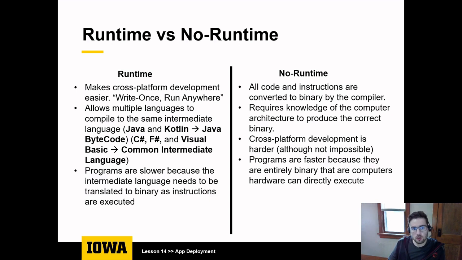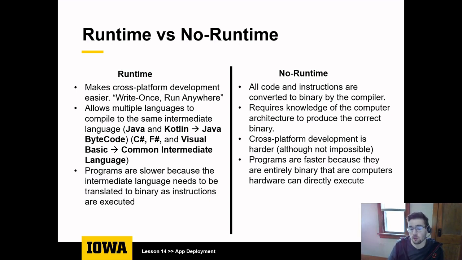all the code goes from the language that's written in C or C++ directly to binary by the compiler, and the compiler has to specifically know the target computer architecture that the instruction will be run on, and it makes cross-platform development harder, right?